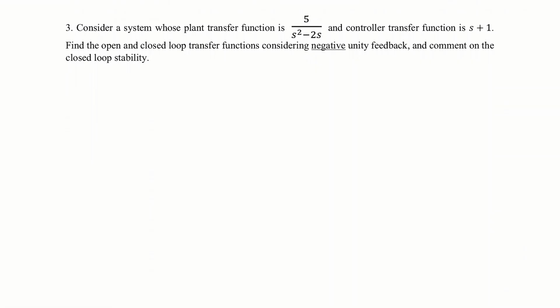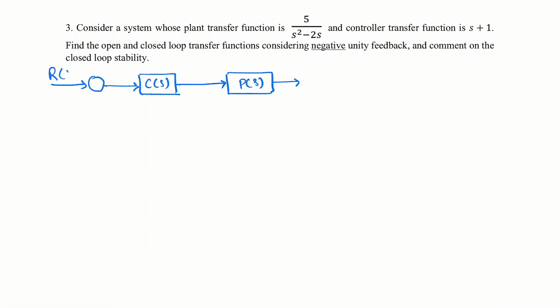We have the controller C of S and the plant P of S, and in the closed loop system we get a reference signal R of S, and we are looking at a negative feedback, say H of S. The output of the plant is Y of S and the control input is U of S. The controller takes in the error between the reference value and the feedback.